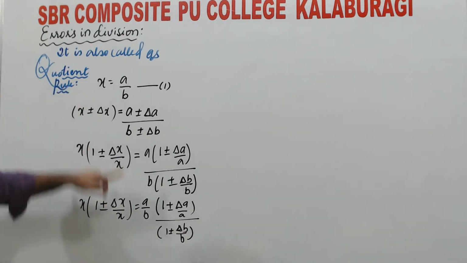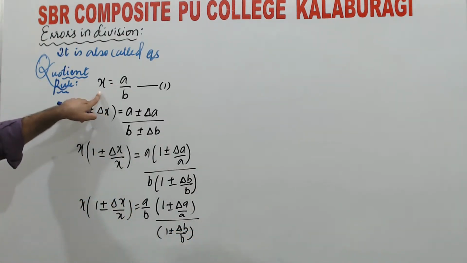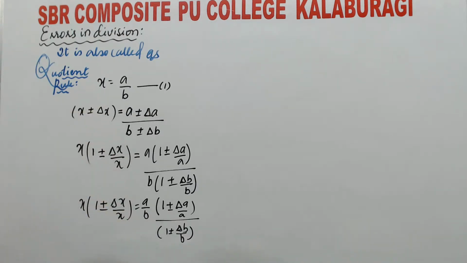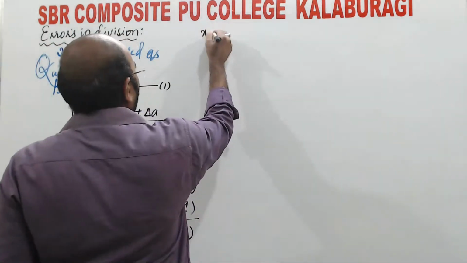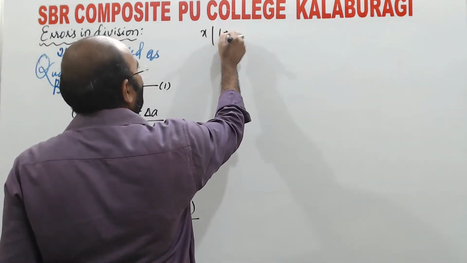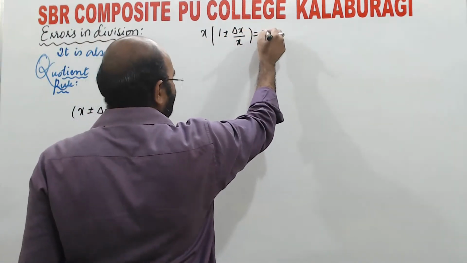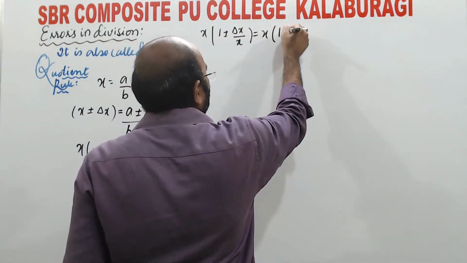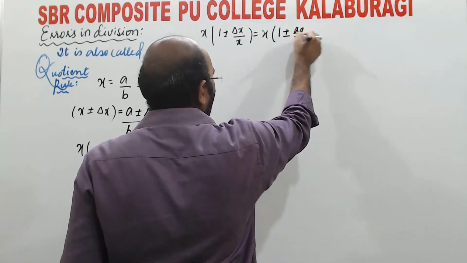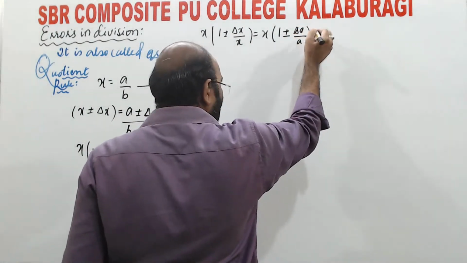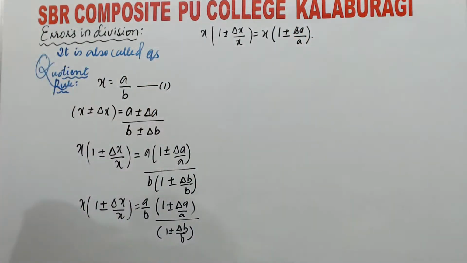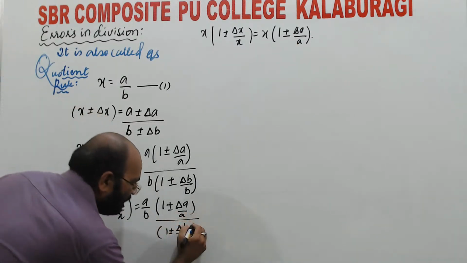What is a by b? a by b is x, from equation 1. Substitute: x into bracket 1 plus or minus delta x by x equals x into bracket 1 plus or minus delta a by a into, look at this step carefully, guys.